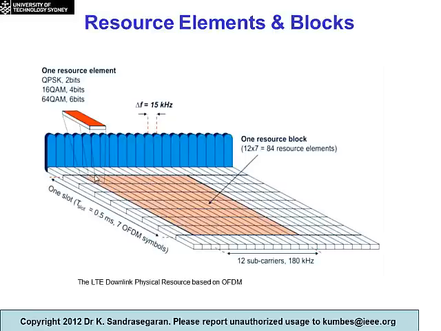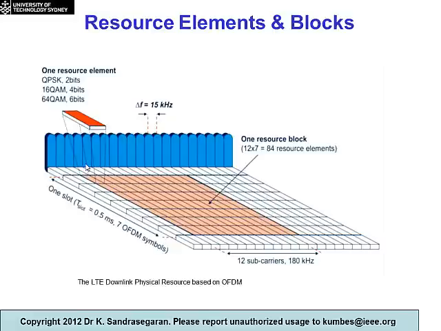Now, a resource block is each one of these. If you think of these as little bricks, each one of these bricks is referred to as a resource element, and a resource element has a bandwidth of 15 kilohertz and a duration. Do you remember the duration from what we did last week?